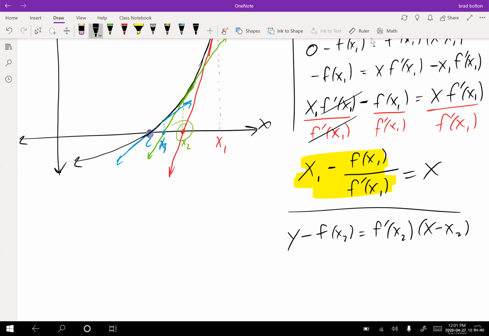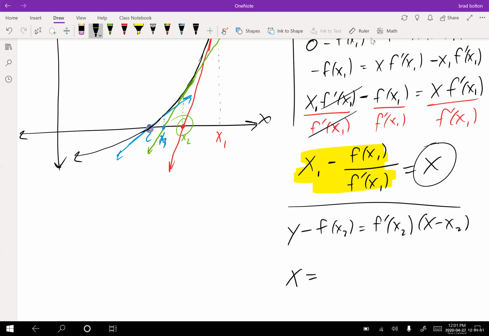So we're going to use this new x value that we just got. And if we did the same thing, we'd get a new x, but this time it would be x sub 2 minus f of x sub 2 over f prime of x sub 2.